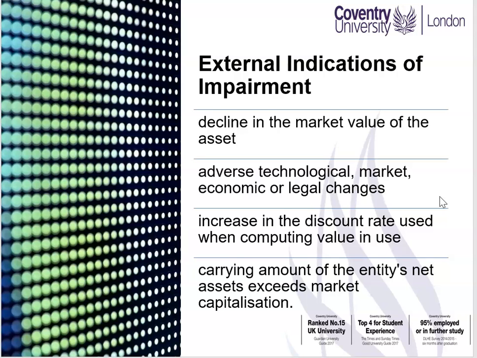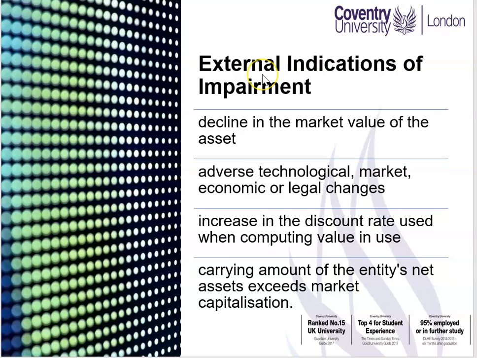In the absence of such explicit requirement, you only undertake impairment review when there are external or internal indicators of impairment. When something tells you that there are indicators, there is likely to be an impairment. So the indicators could either be external or internal.